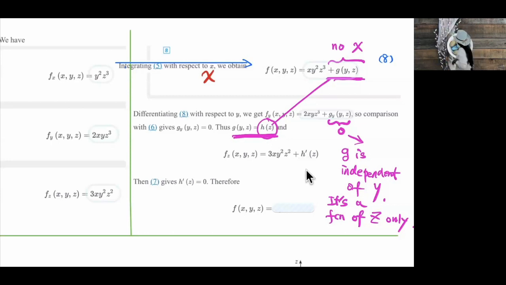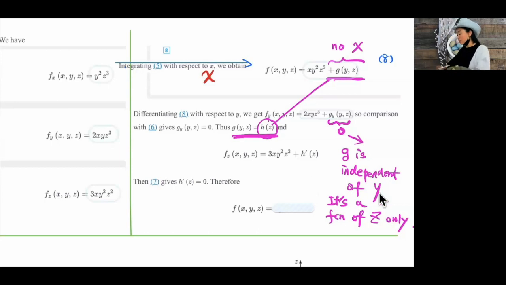Now, if you compare this one here with this one, what can you say about h prime of z? That should be equal to 0, right? So h prime of z equals 0, which means, what can you say about that function? What kind of function do you get?